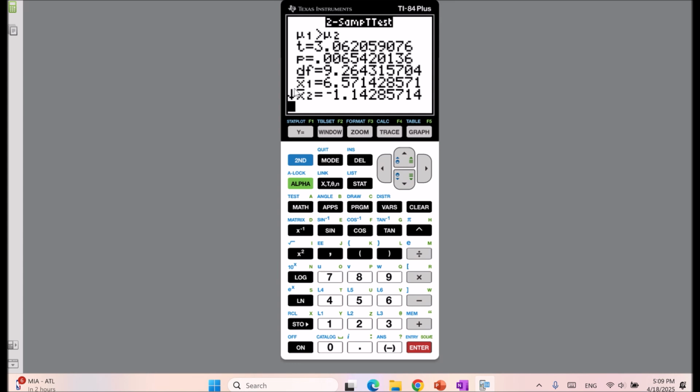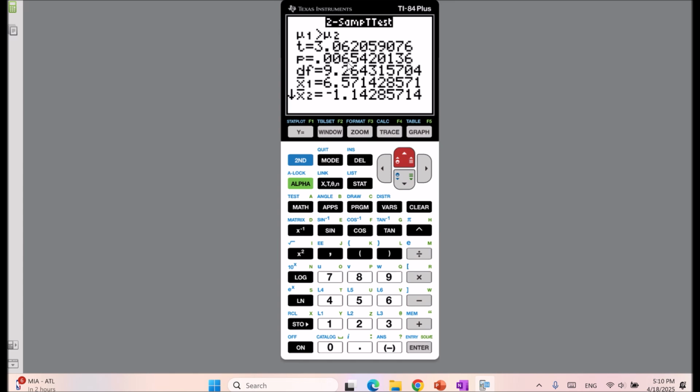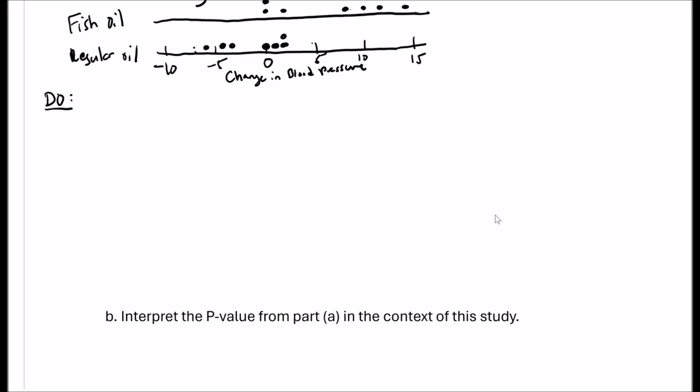This gives us our x bar 1, this gives us our x bar 2, and if you scroll down, our S1 and S2. All right, so I'm going to write all these values down. Okay, we got all the values, so I'm going to go ahead and list them all out. So we got.